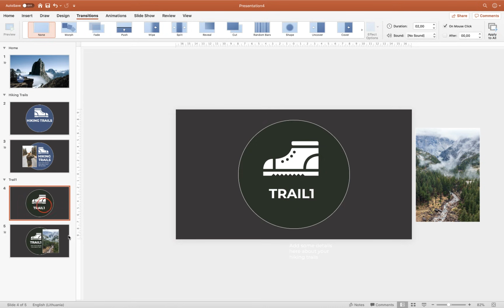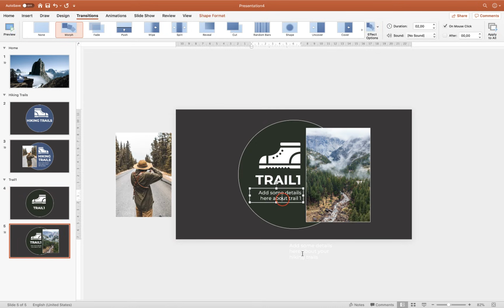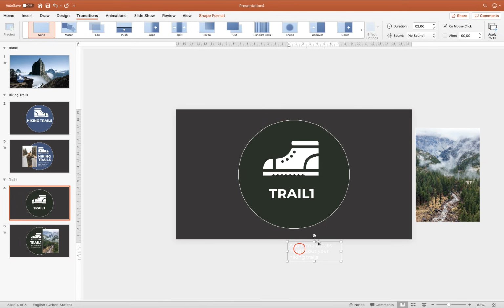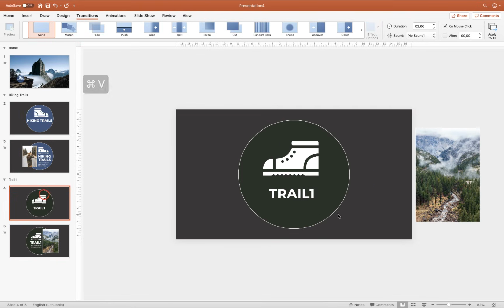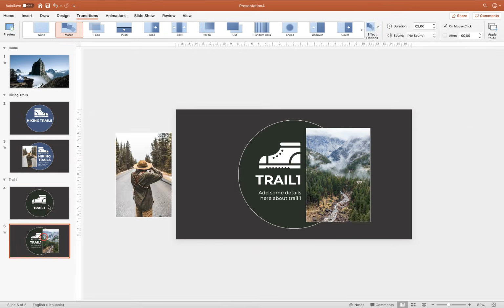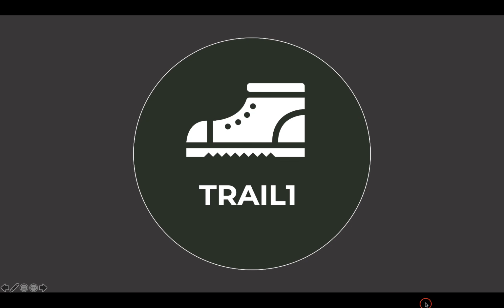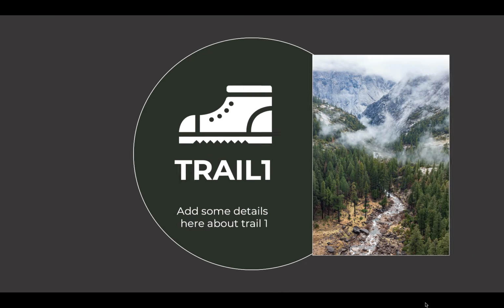And for this small text box, we don't need this thing as well. And for the small text box, let's just copy it and paste it right here at the bottom. That's wonderful. And morph transition should make all of the animations. So let's just preview it like this.